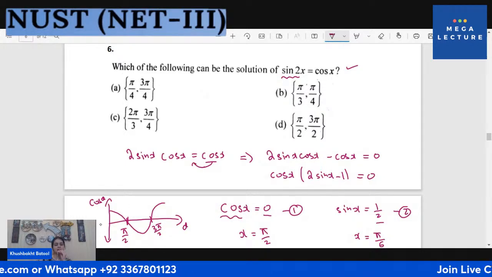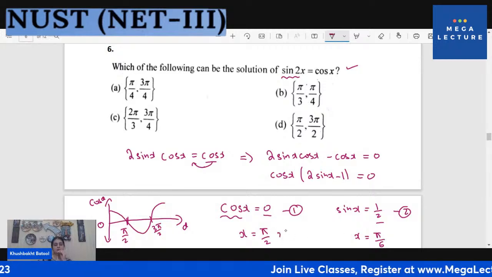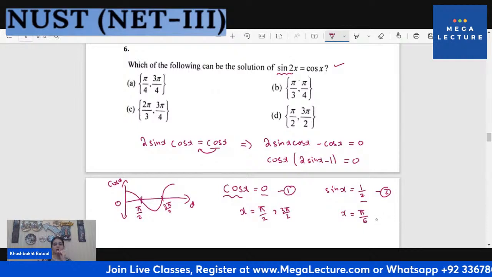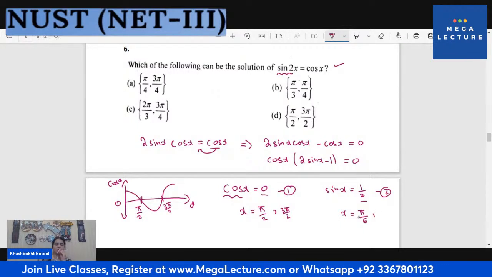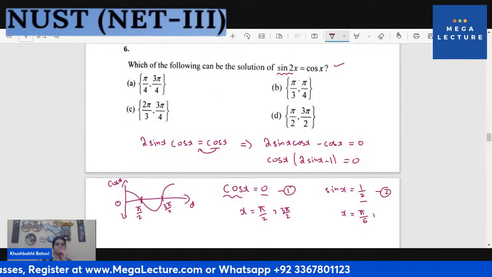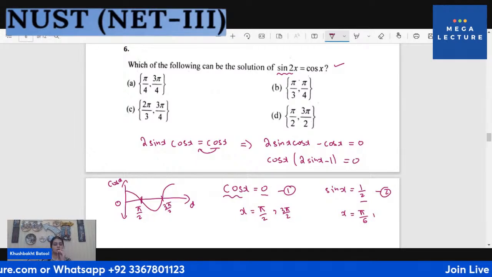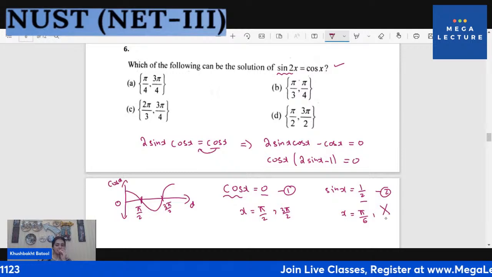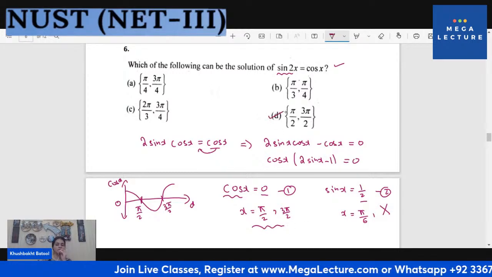Now I can see that cos is 0 on pi by 2 and cos is 0 on 3 pi by 2. And if I talk about the sine graph, I can again think about the quadrant and find the other values, but that is not needed, because if I look at all the answer choices, I cannot find pi by 6 anywhere. So I'll discard this and I'll just go with this one. So D is going to be the answer.